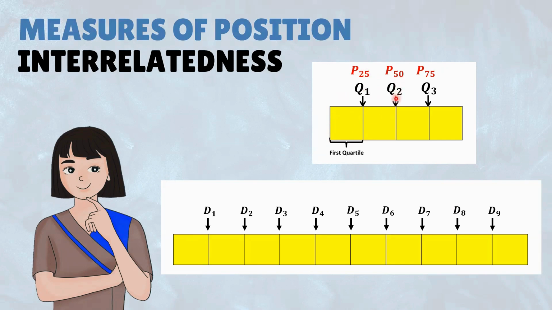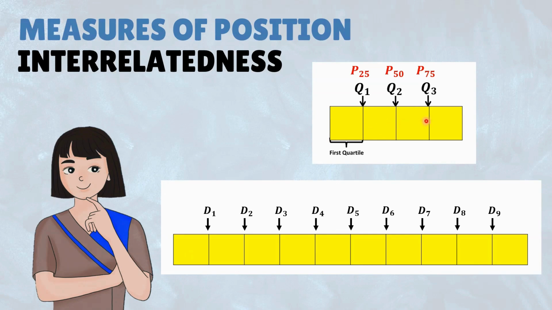Moreover, quartile 2 and percentile 50 are of the same value as well, because if a score falls on quartile 2 or percentile 50, 50% of the values in the dataset fall below quartile 2 or percentile 50 value.